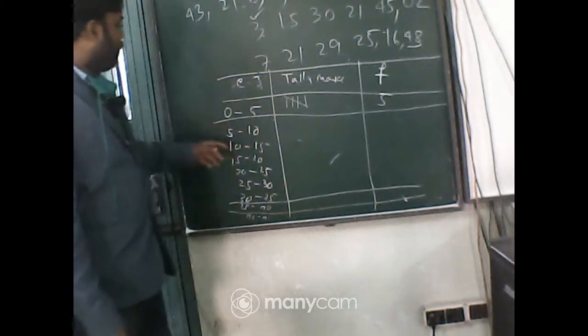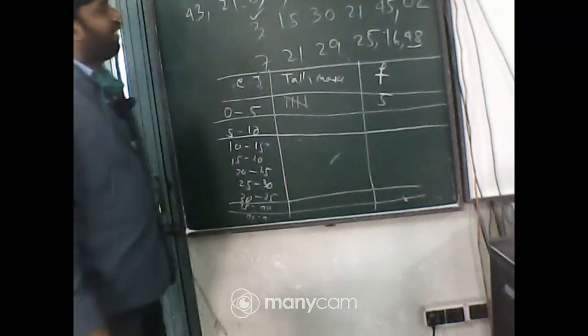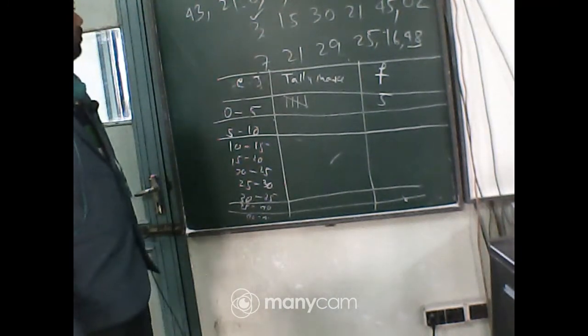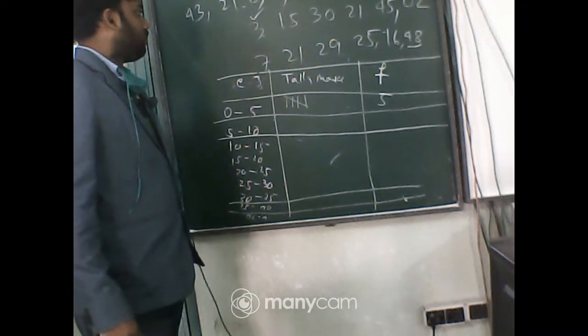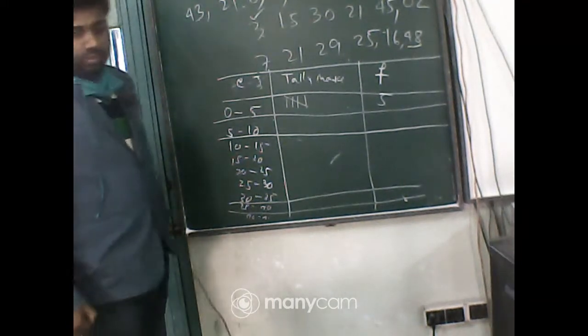Okay, so 0 to 5. Now 5 to 10. Do it quickly. How many students got marks between 5 to 10? Tell me quickly.